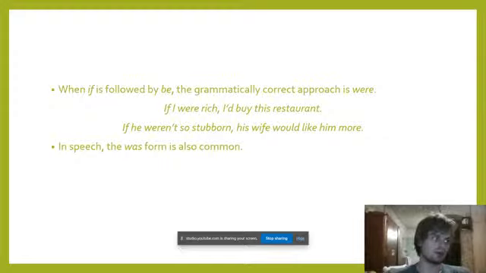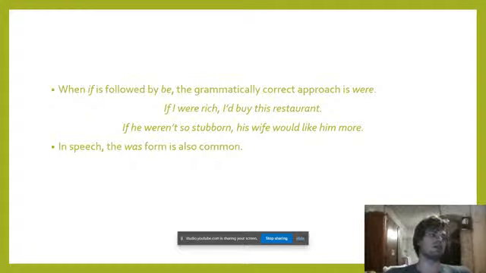So when we write down sentences or engage in formal speech, we need to remember that our approach is not "if I was a rich man," as it's common in colloquial or daily speech, but not formal speech.